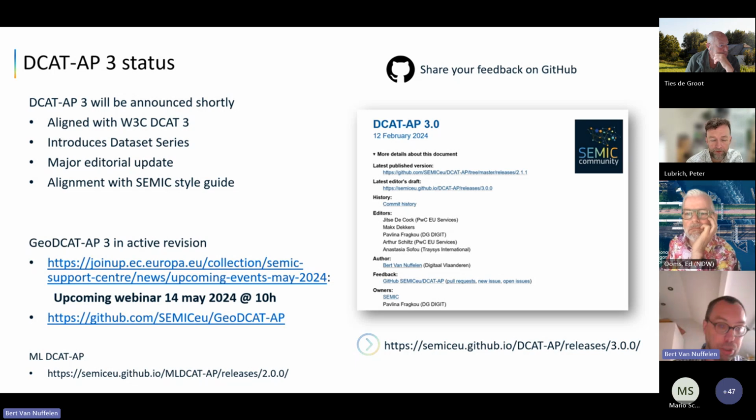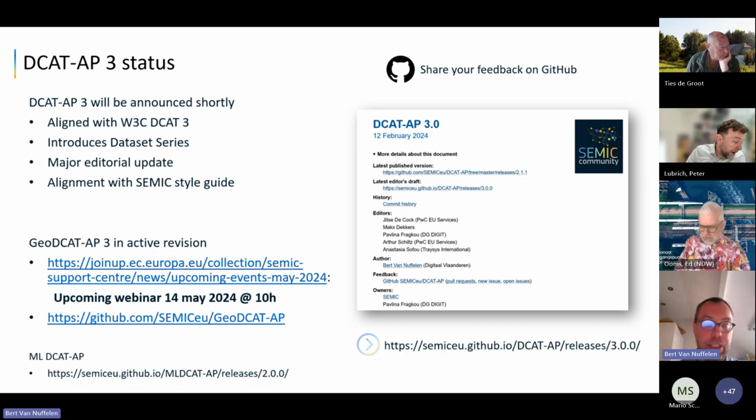And you're still welcome to give your feedback to it, but at the moment, what we see is that most of the topics will be kind of a natural alignment of what has happened in DCAT-AP 3 to be applied in GeoDCAT-AP 3. There are a minor number of changes that are slightly differences.